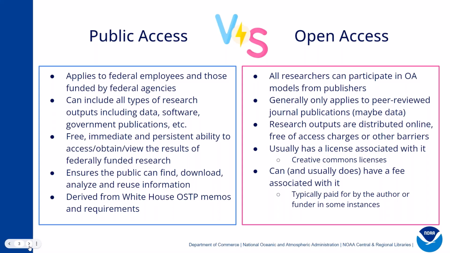Reuse is a key piece here. I'm going to stay on the public access side for a second. Public access is derived from the White House OSTP memos: the one in 2013, the Holdren memo, and the new one from last year, the 2022 Nelson memo, as well as other agency requirements.